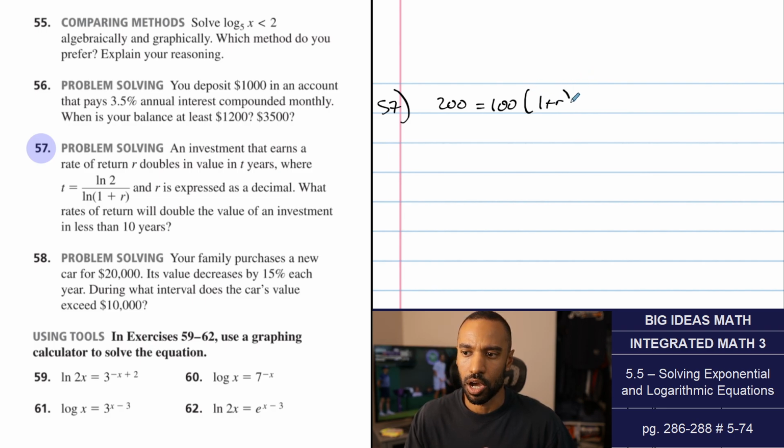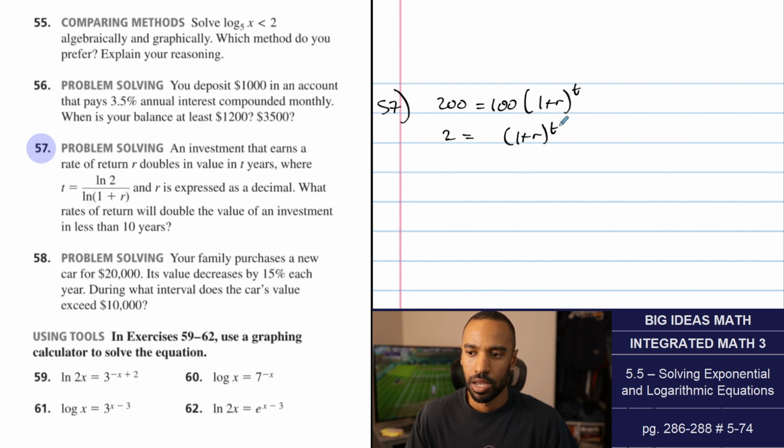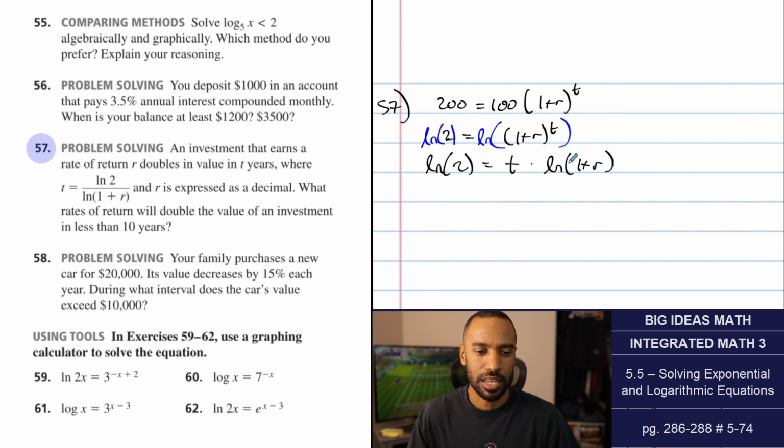So this is just 1 plus R to the t power. What do they do to this problem? They divided both sides by 100 right here. Then they natural logged both sides. You can log both sides, natural log both sides, your call. And when you natural log both sides, the t gets grounded right here, t times natural log of 1 plus R, and then you divide both sides by natural log of 1 plus R. So you get t equals natural log of 2 over natural log of 1 plus R. So there's their formula.